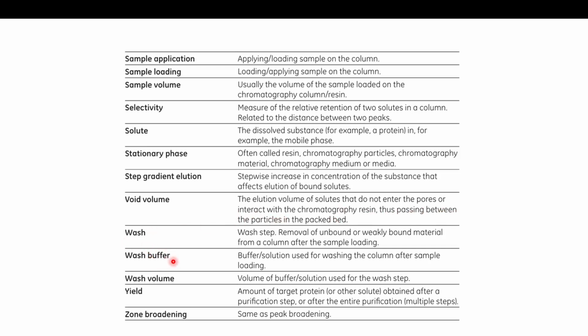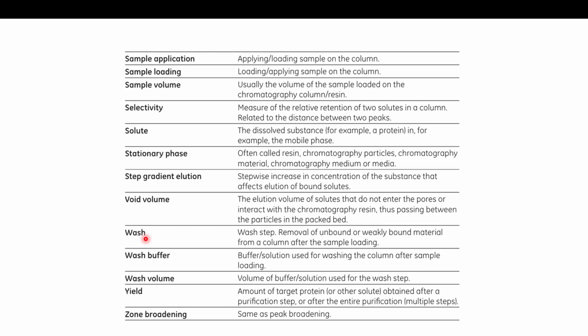Wash or wash buffer, basically you use wash buffer for wash steps, wherein suppose your sample of interest is in the mobile phase. That mobile phase has passed through the matrix, and your sample of interest has interacted very nicely with the matrix, right?